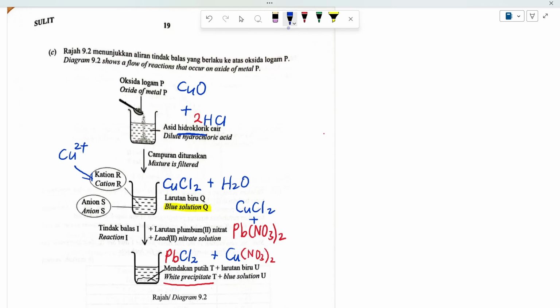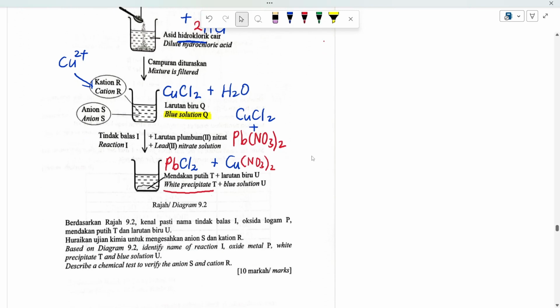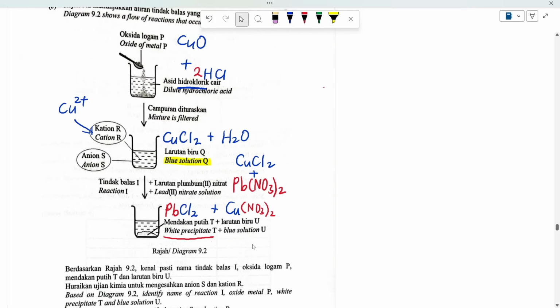So if we know the flow chart, everything, then I think we should be able to answer the question already. Based on the diagrams, identify the name of reaction 1. So how do we write the answer for this? Let's say point 1, we better write like this: reaction 1.